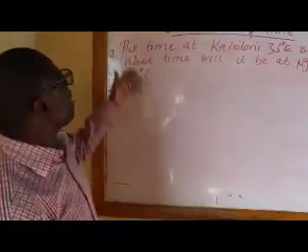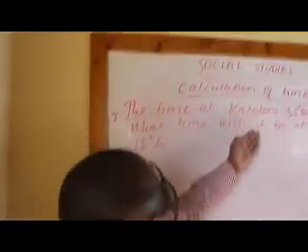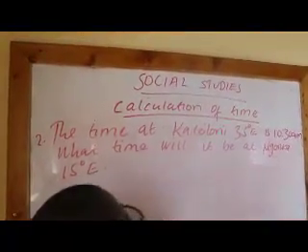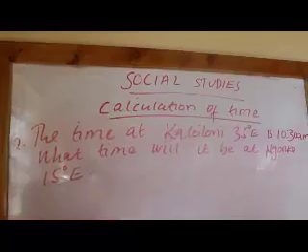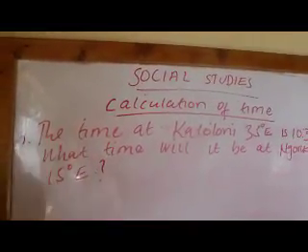Now let us look at example 2. The time at Katoloni, 35 degrees east, is 10:30 a.m. What time will it be at Ngorika, 15 degrees east?